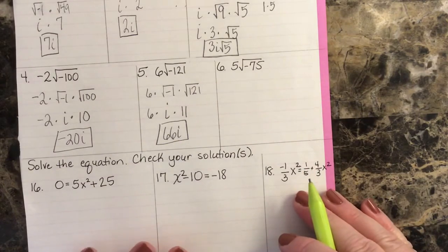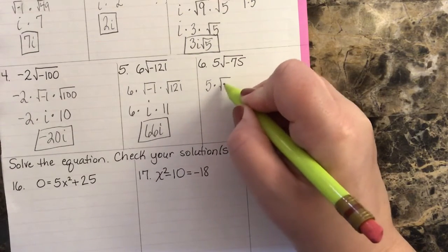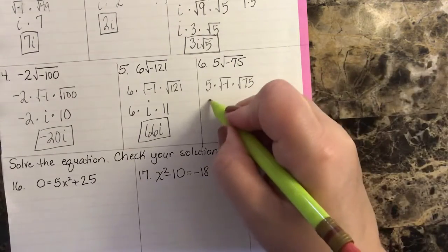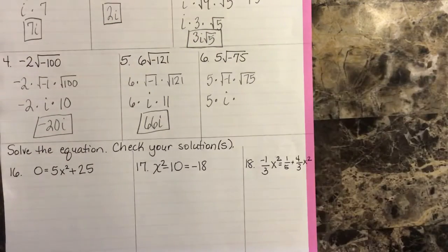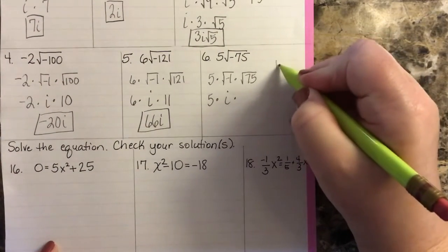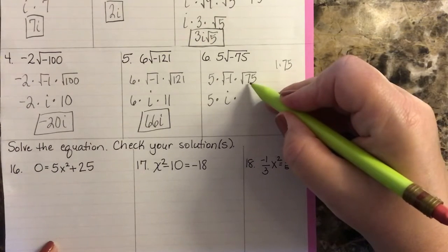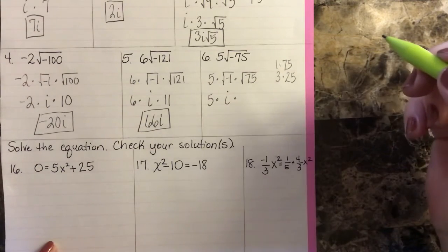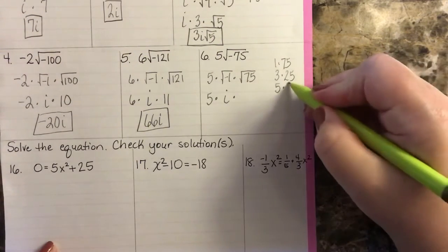Okay, moving on to number 6. Bring down my 5. Bring down square root of -1 and square root of 75. 5 times square root of -1 is i, and 75 is not a perfect square, so I need to think about the factors of 75. 1 times 75, it's not even, so it's not divisible by 2. 3 times 25. 5 times 15.